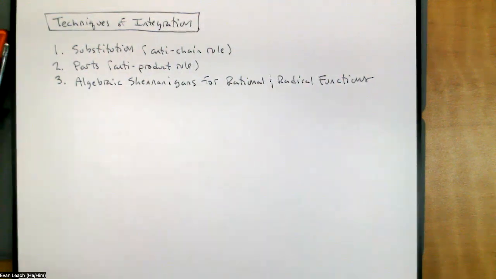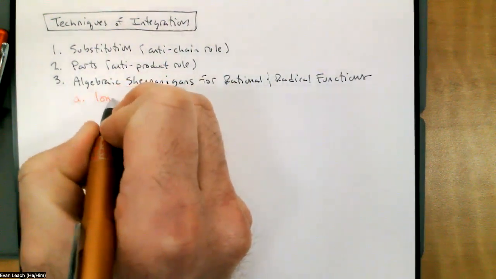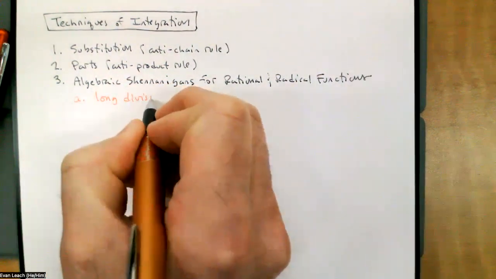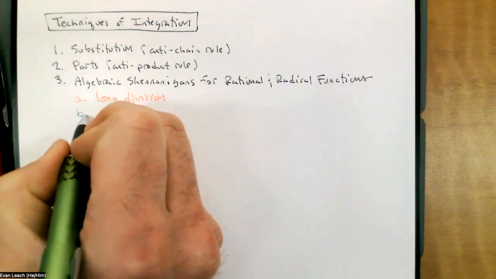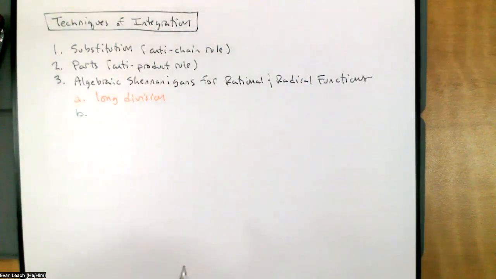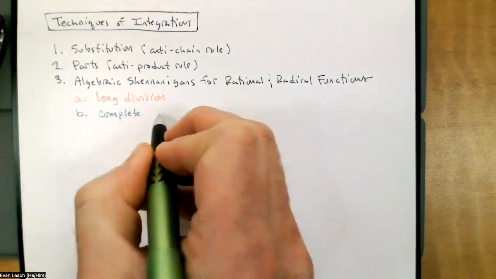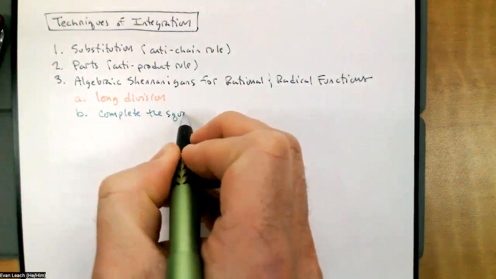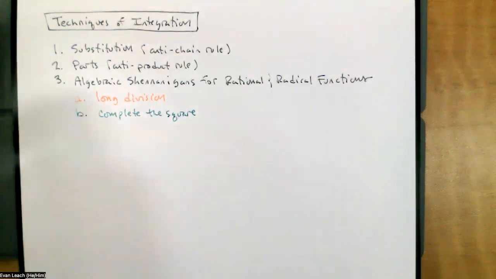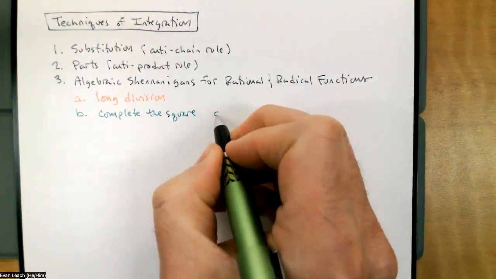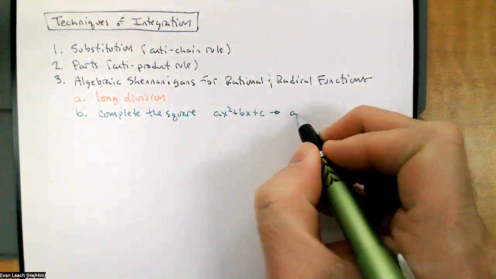But the things that will show up in this category are long division, complete the square, so completing the square is where you take ax squared plus bx plus c and write it in its vertex form.